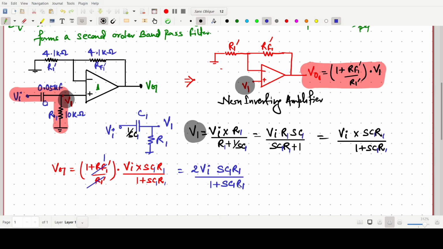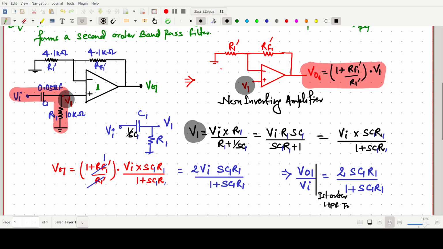The V0 1 we have calculated, or in the more general case, V0 1 upon Vi is nothing but simply twice SC1 R1 upon 1 plus SC1 R1. So basically, this one is our first order high pass filter transfer function.